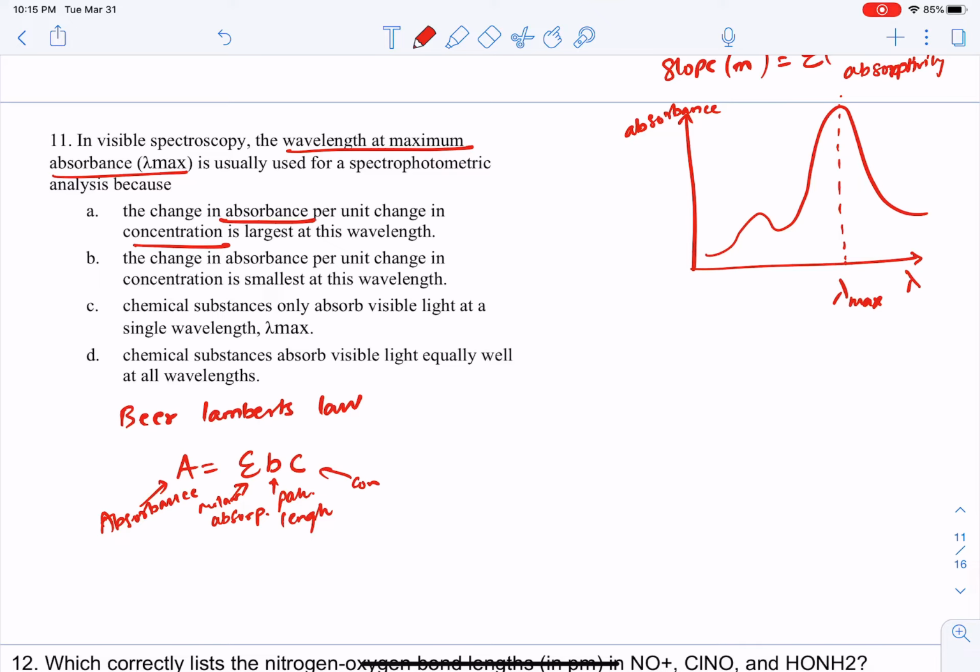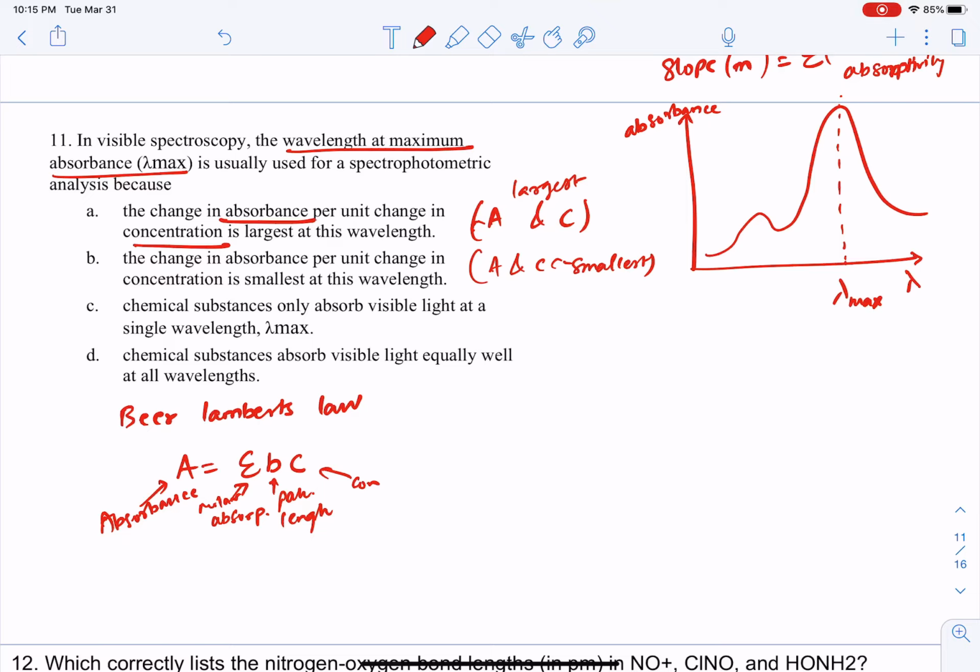You don't get it easily, but it's relating absorbance and concentration. Next, option B says the change in absorbance per unit change in concentration is smallest. This one says largest, and that one says smallest.